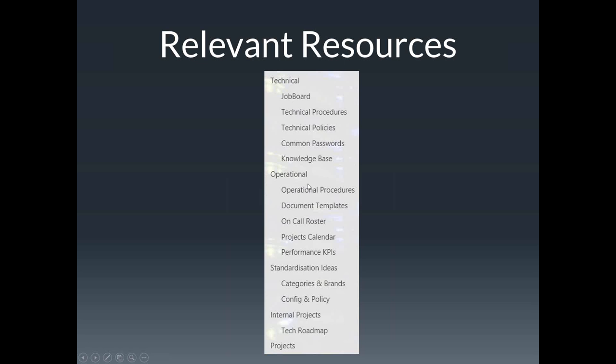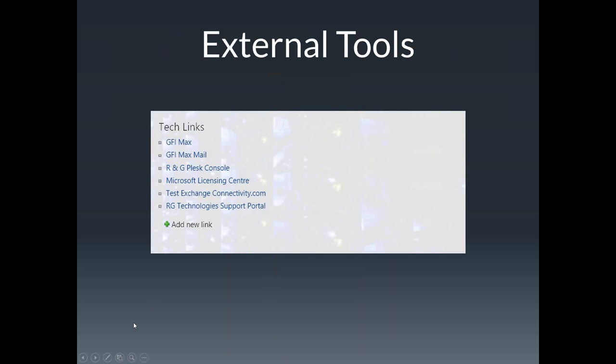And as I said, it's all about putting the content and the tools that your staff or the people within this business unit need to conduct their job or to be productive, and putting them in the one place.